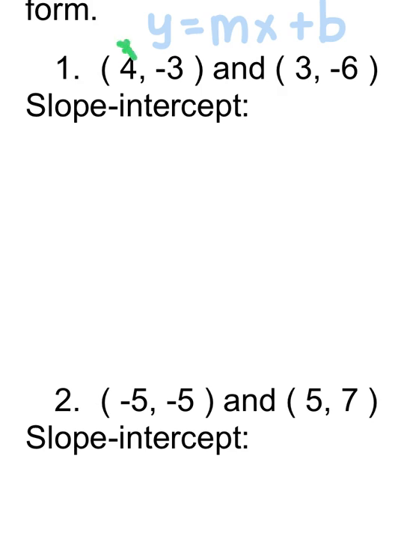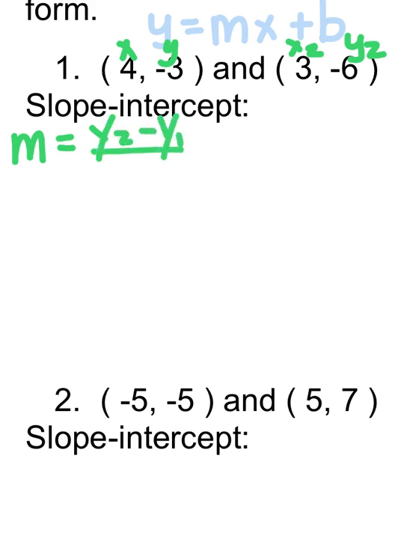Well, when we were finding the slope previously, we used an equation. So let's use that equation. m equals y2 minus y1 over x2 minus x1. Let's substitute our numbers. y2 is -6, y1 is -3.